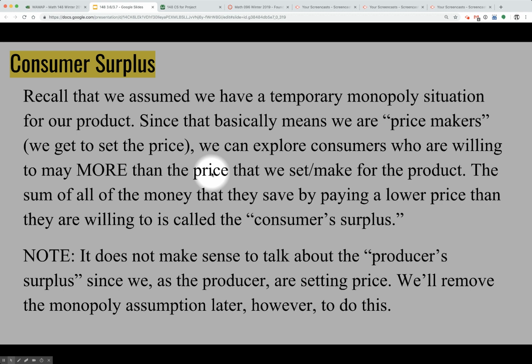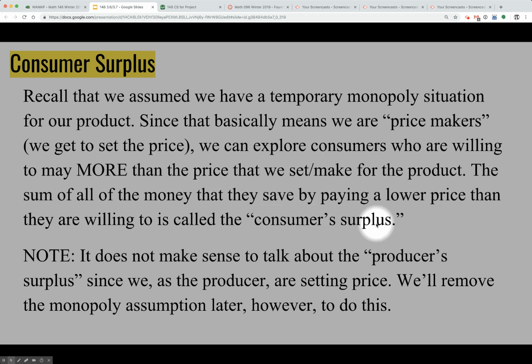So if someone is willing to pay more than the price that we set, then to those consumers, they can be thought of as having a surplus or a savings. They're willing to pay more than what we charge them for. And so that's why this is called the consumer surplus.